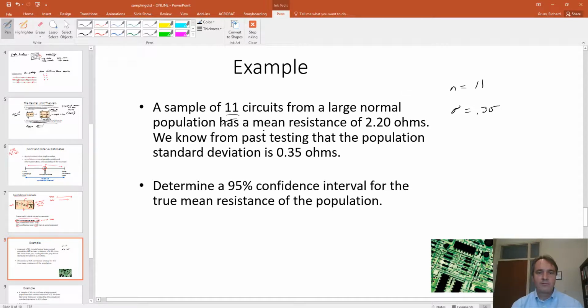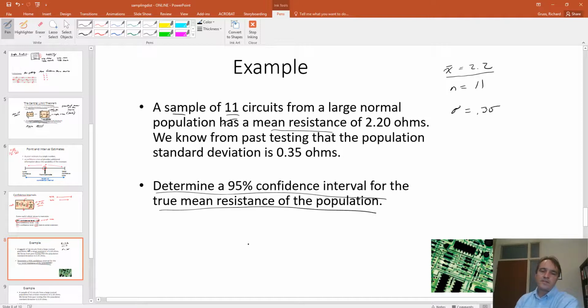We have a mean resistance. Notice the sample mean is 2.2, so we have an X bar of 2.2. This is going to be our point estimate. But the question is asking us to determine a 95% confidence interval for the true mean resistance of the population.